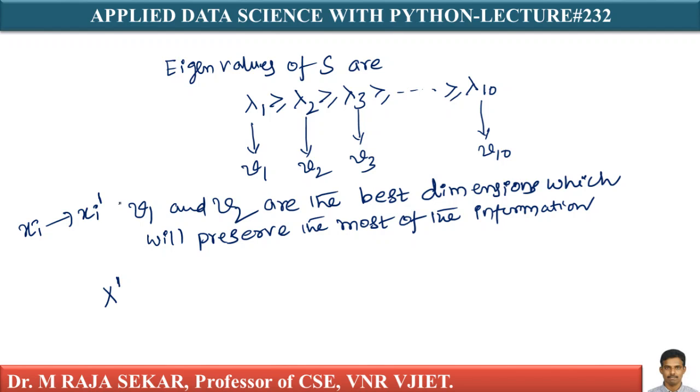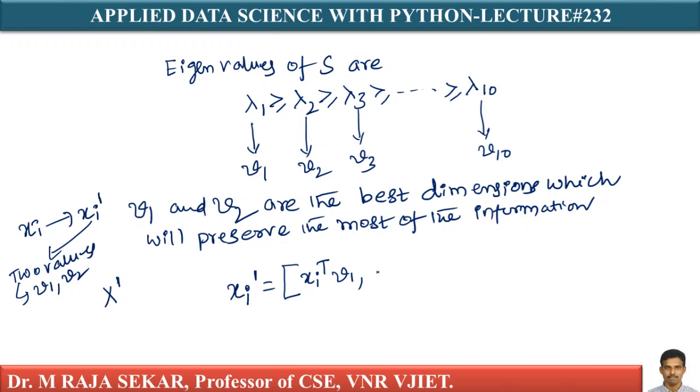It must have two values, corresponding to V1 and V2. My xi dash is essentially xi transpose into V1 and xi transpose into V2.